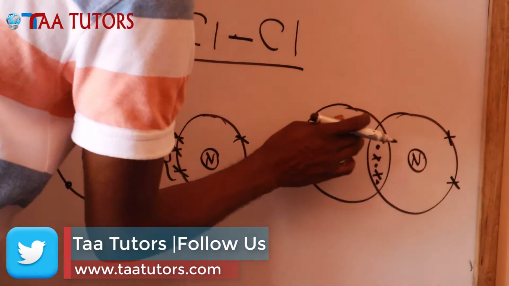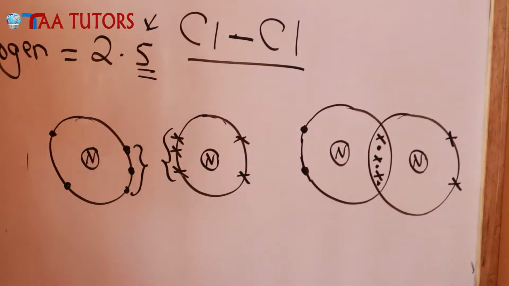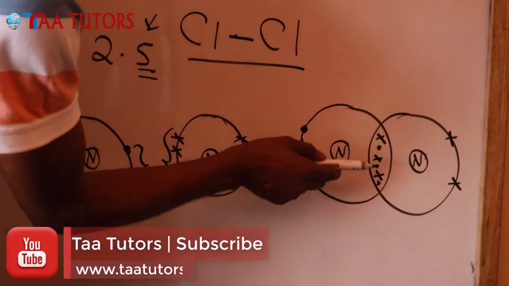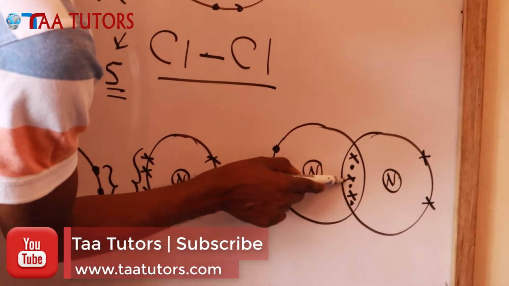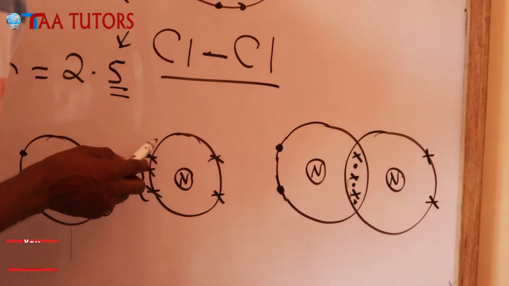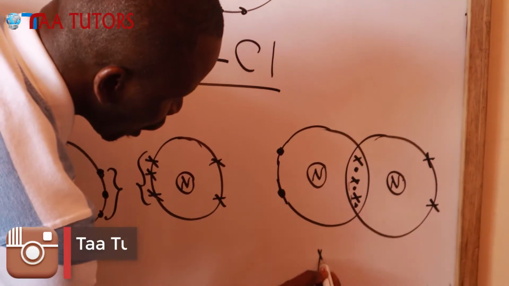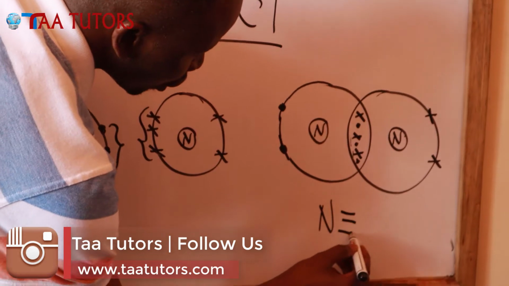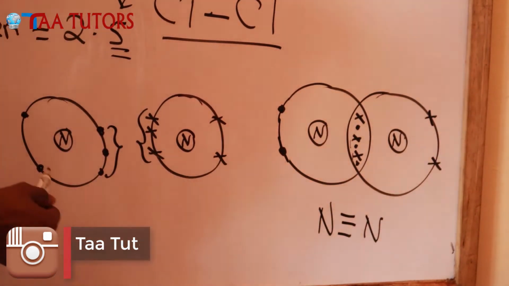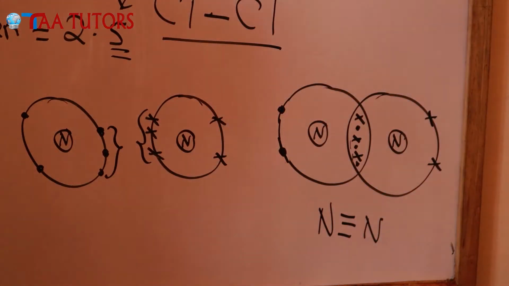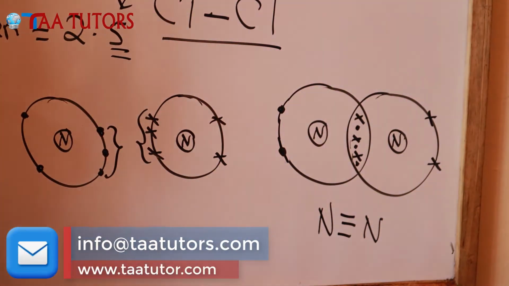So we have a molecule of nitrogen here, where the sharing part has 6 electrons. This is 1 covalent bond, another covalent bond, another covalent bond. So in displayed formula form, we can have N, the 3 dashes here, because the 3 dashes represent 3 pairs of shared electrons. So that is how the nitrogen molecule looks.